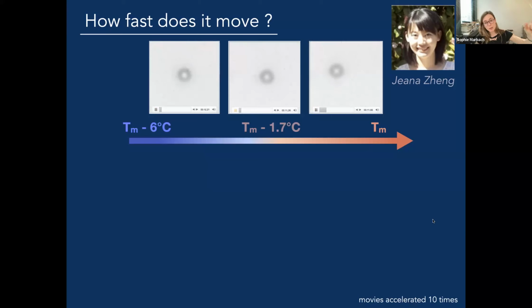And you can see, hopefully, in the movie on the left, the particle is barely moving to the eye. It's moving a teeny bit, but it's barely moving compared to the one at a temperature that is just 6 degrees above. So of course we can quantify that, for example in terms of the diffusion coefficient of our particle.